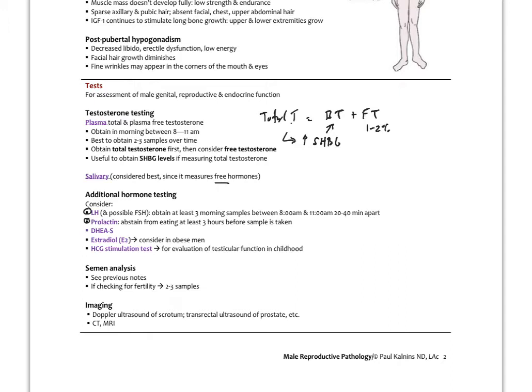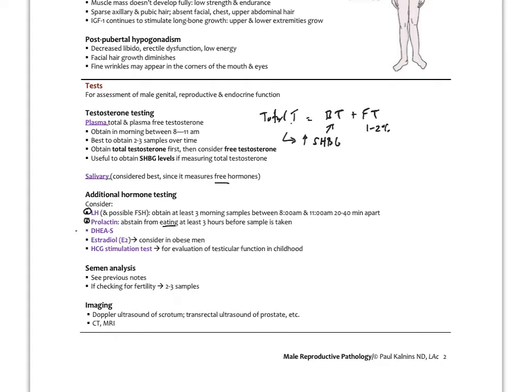But supraphysiologic levels, like secreted in the pituitary adenoma, are going to shut down gonadotropins. And so we're going to get usually prolactin as well in the morning. And typically we have people just fast overnight and not eat breakfast.